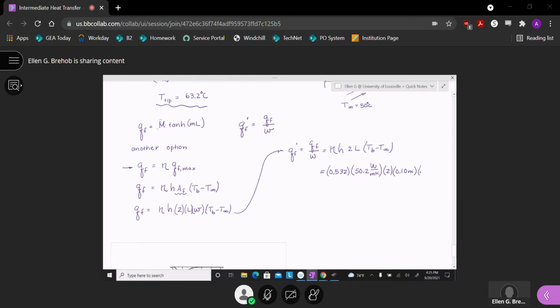And then base temperature, 90 degrees C, free stream temperature, 50 degrees C. Oh man, I have done this a million times. So I'm looking through units. I don't like my units. It's because I got my heat transfer coefficient, I forgot the squared there. Okay. So I should have watt per meter, and I like those units. So that cancels out. We got one of the meters canceling out.